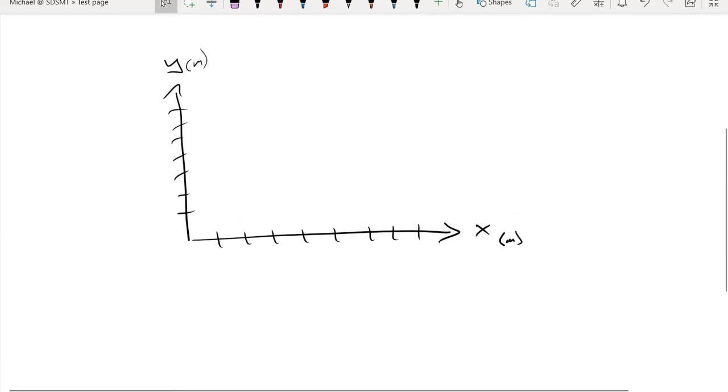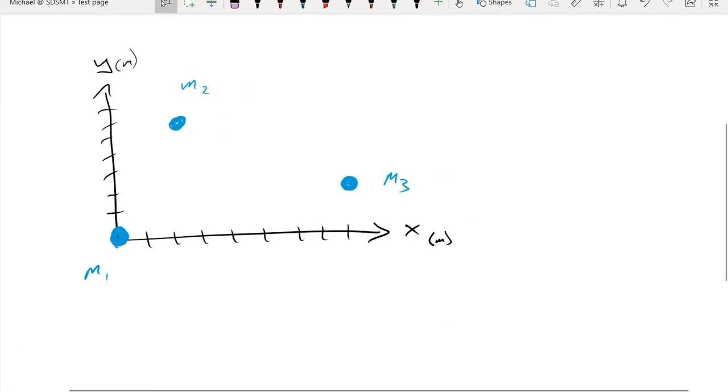But for our system, we are going to place three different masses in the system. The first one I'll place right at the origin. That'll be mass 1. The second one I will place right here. And the third one I'll place right out here. So mass 1, mass 2, and mass 3. We will assign some values to these masses: 1 kilogram, 2 kilograms, and 3 kilograms.